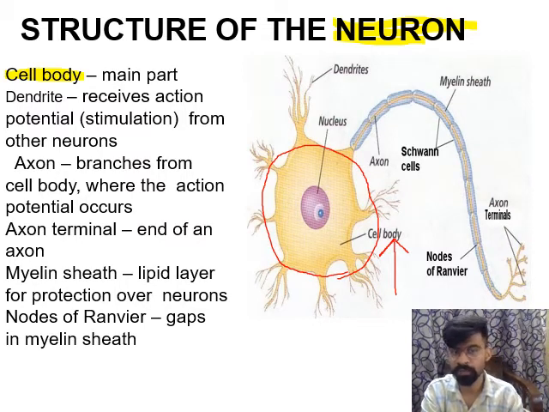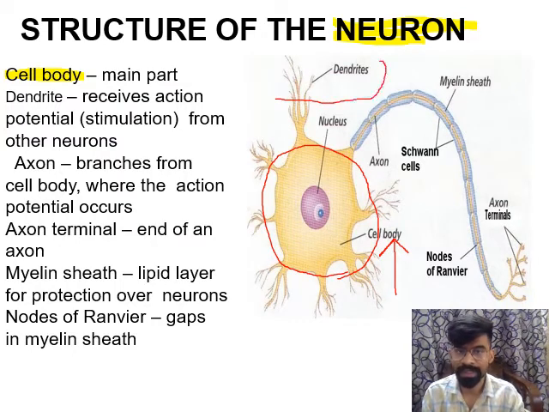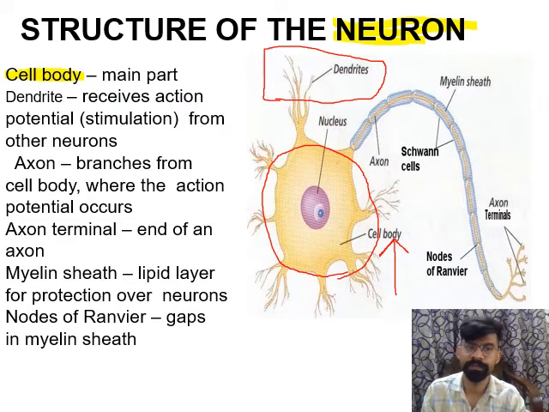So which is the site where information is received? Or you can ask: name the structure that receives the information in a neuron. The answer is dendrite. Dendrite is the structure where information is received.